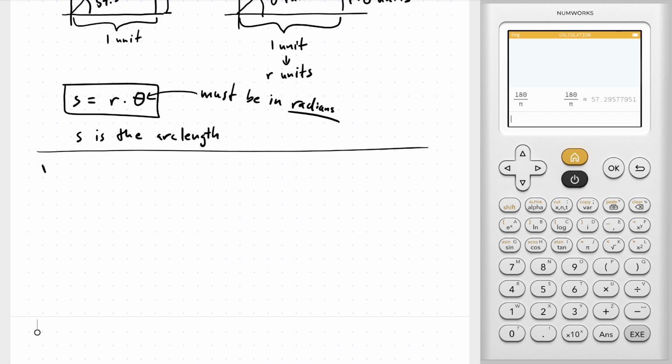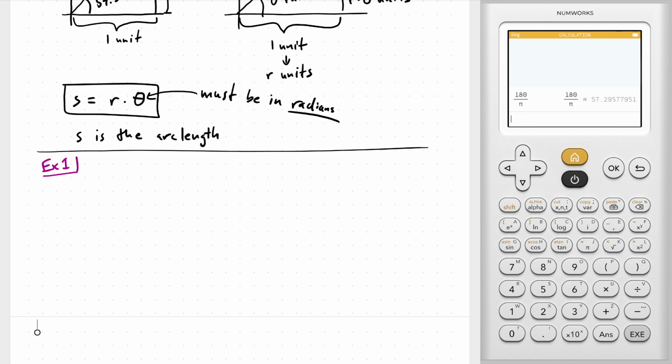And so example number 1. Let's actually pick a different color. Here we go. Okay, lovely color.